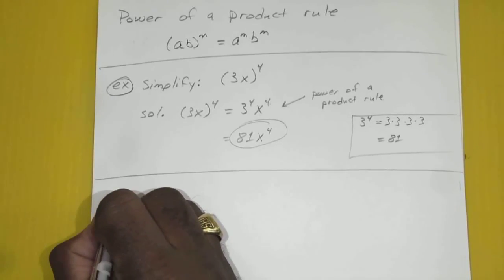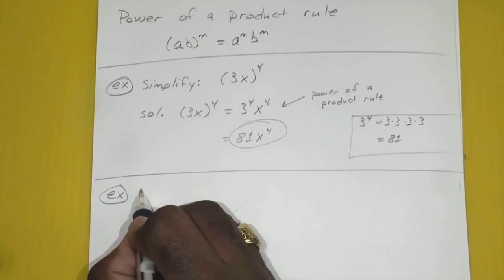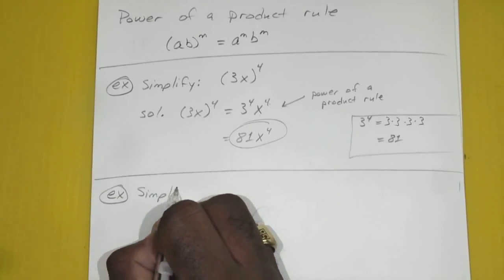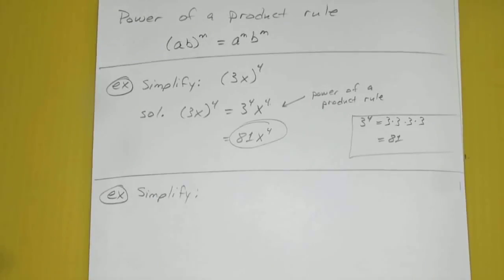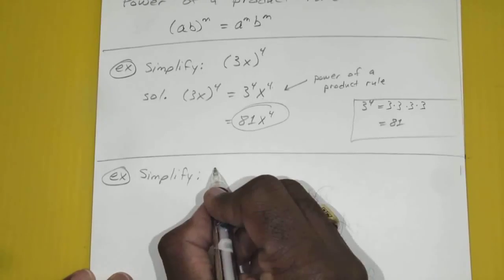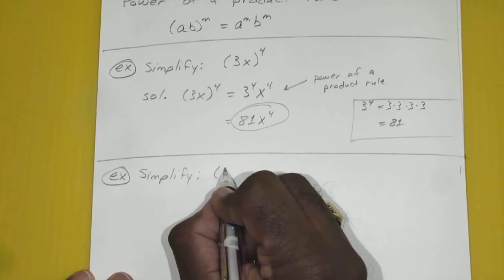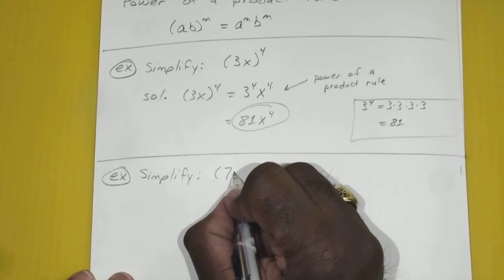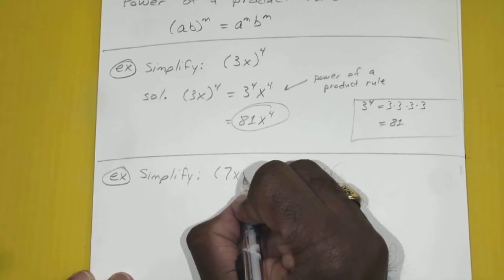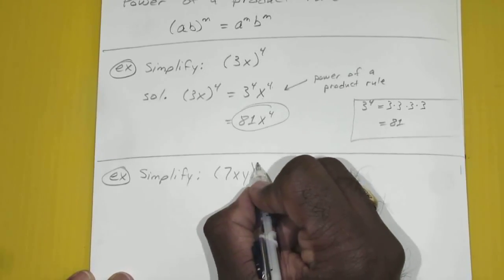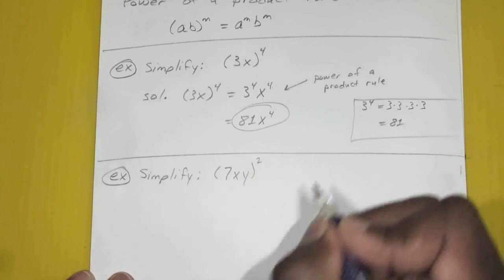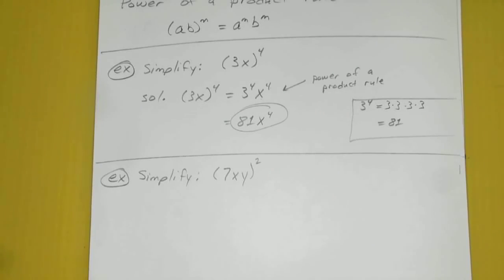All right, so what if we wanted to simplify, let's say, 7x y to the second power. It's the exact same thing whether it's a product of 2, 3, 4.